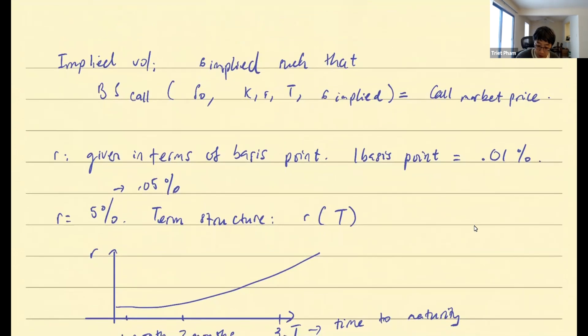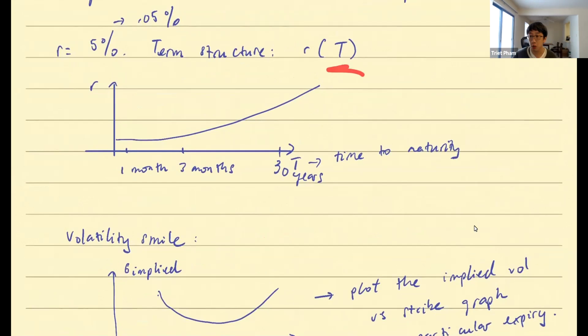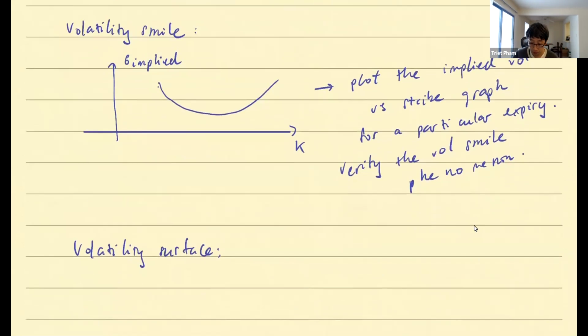It is also a function of time to maturity. A short-term option that is going to expire very soon, like a 2-day option, should have a different smile or phenomenon than a long-term option that has 3 months or 6 months to mature. This is exactly the term structure quality of the volatility.